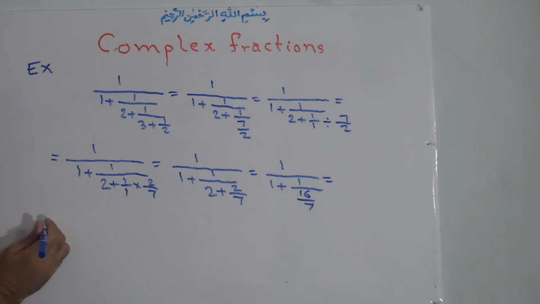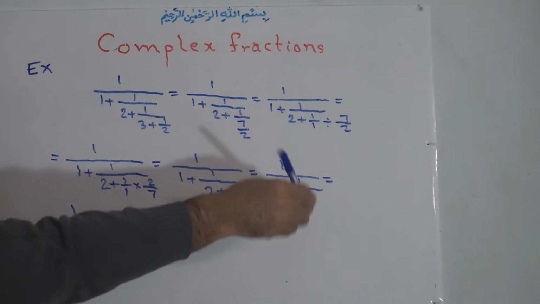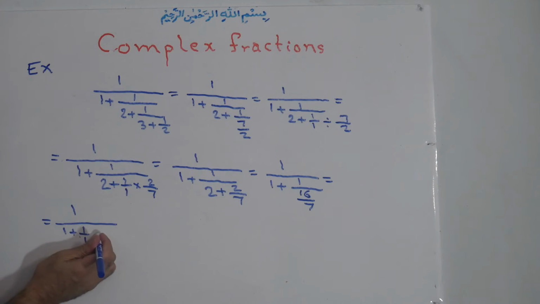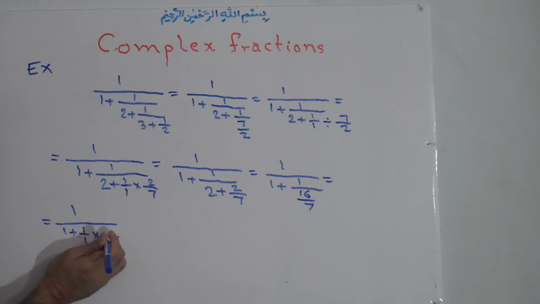That is equal to 1/1 plus, is 1/1. We can write it directly as multiplication, and we write the reverse. Instead of 16/7, we write 7/16.